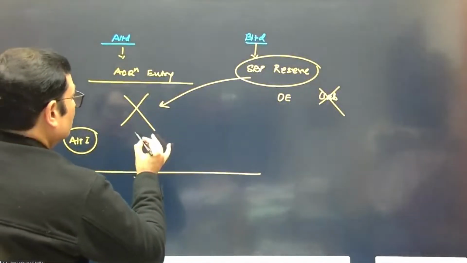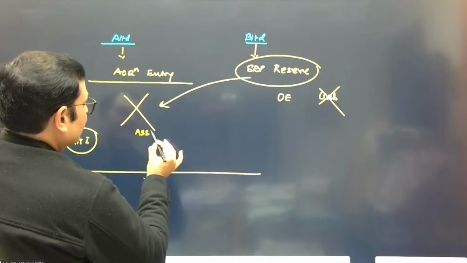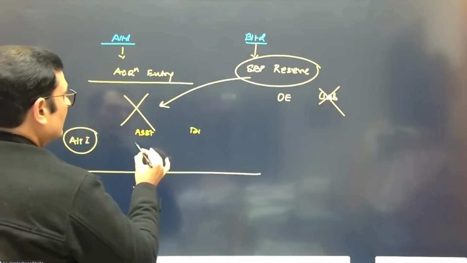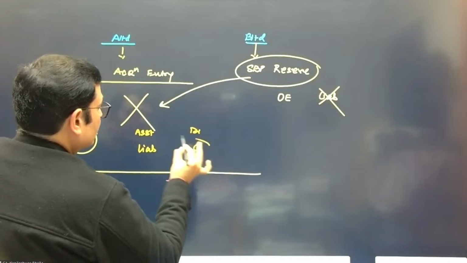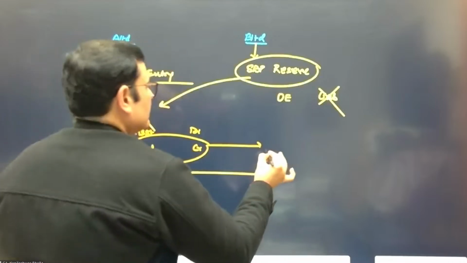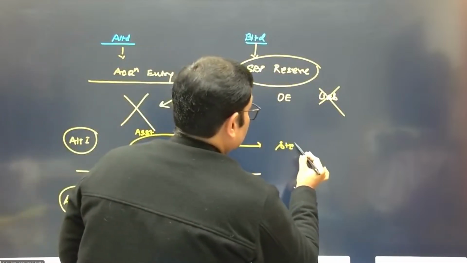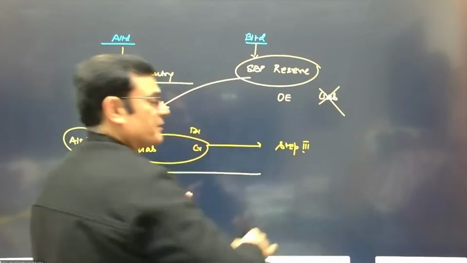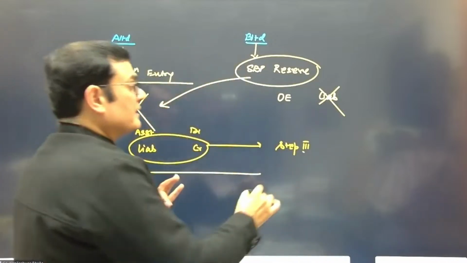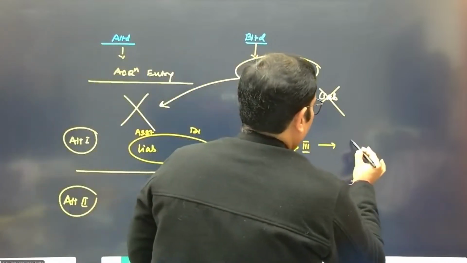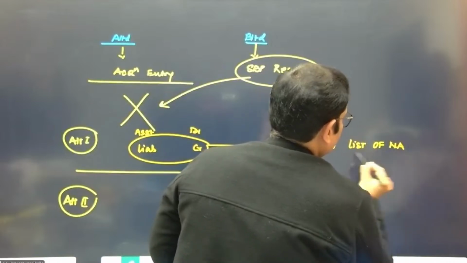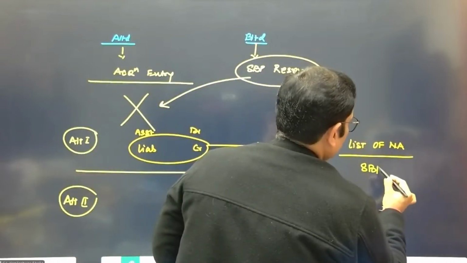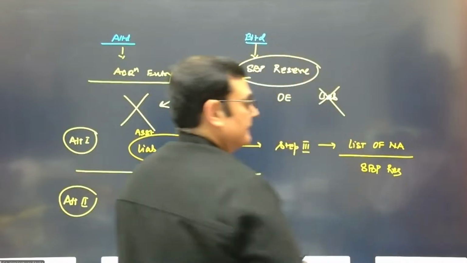When you put the entry, that is assets get a debit and liability gets a credit. Now what you can do at this stage, when you go to step number 3, remember step 3, list of net assets, as a part of the list of net assets, you can calculate the amount of SBP reserve to be created.